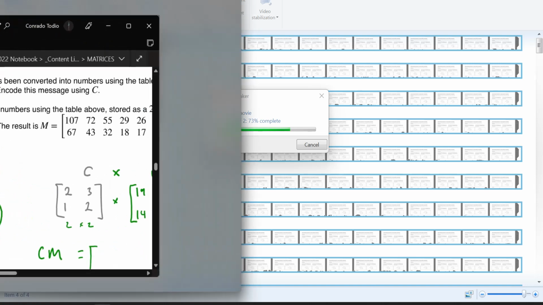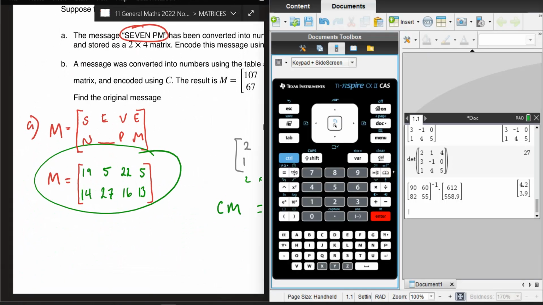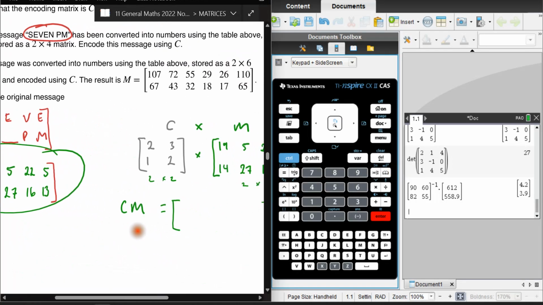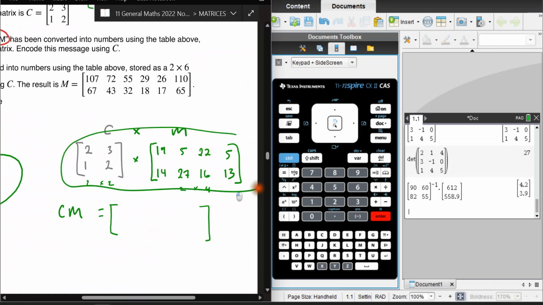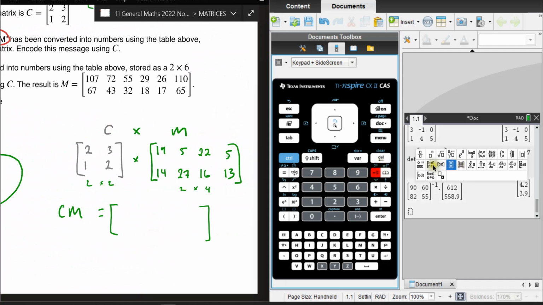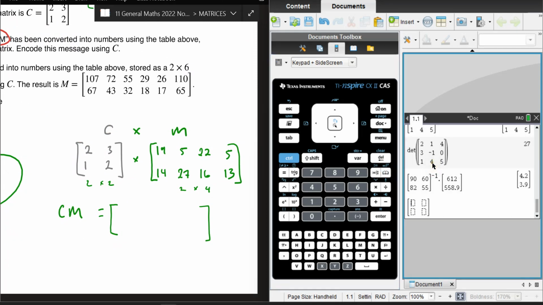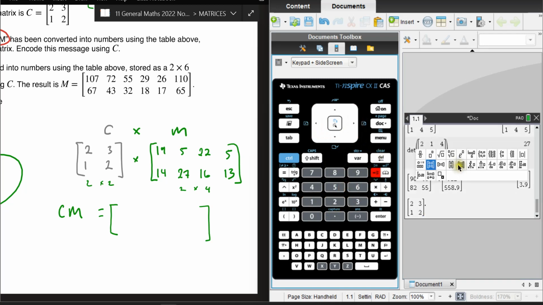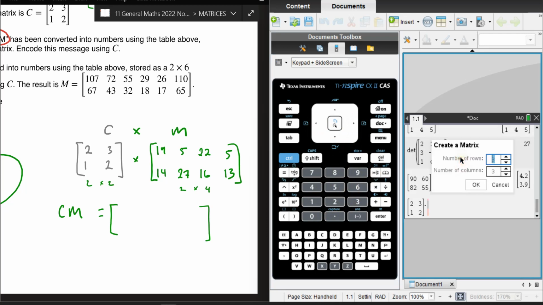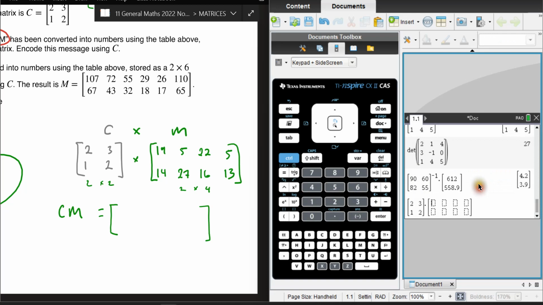Okay, let's put this in a calculator. I'm literally just going to be putting this into my calc to encode it. 2, 3. Hopefully you're familiar now with how to put these values in a calculator. Remember, this is your custom matrix, so it's got 2 rows and 4 columns.